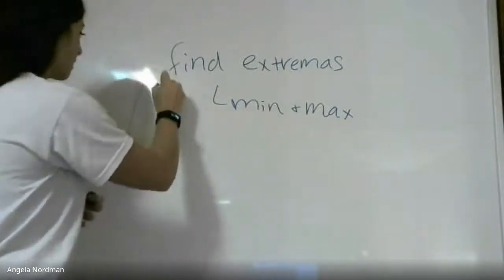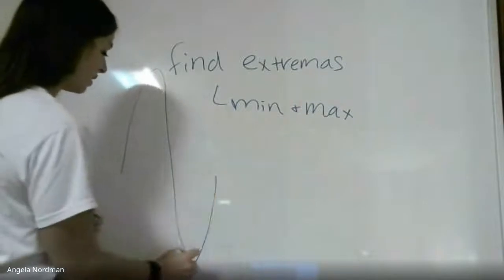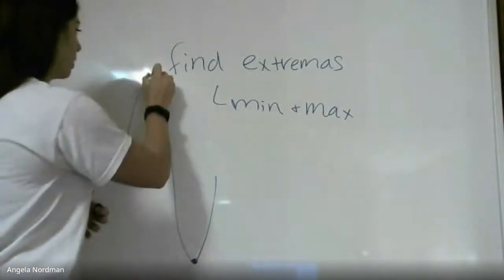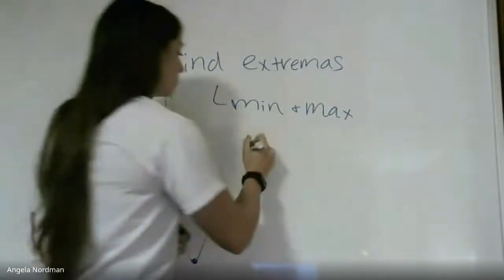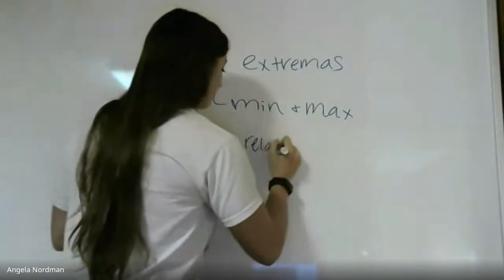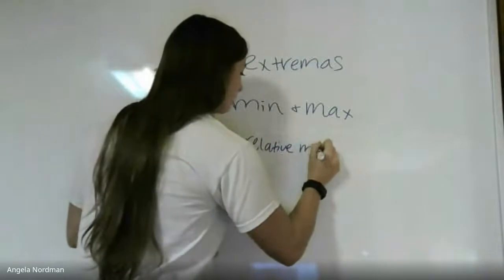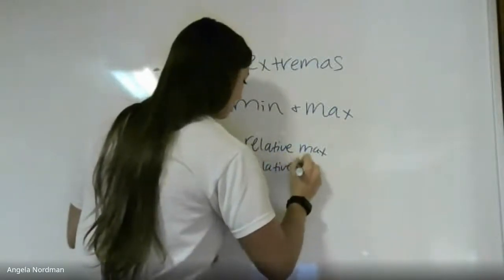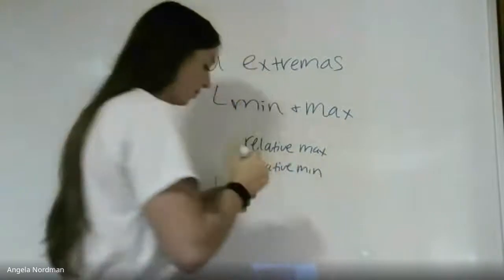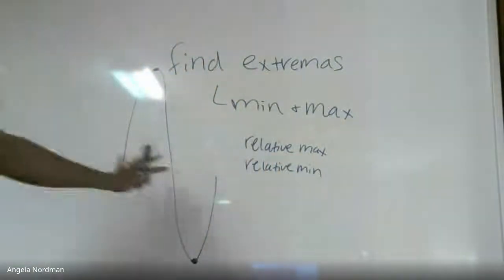Basically, this is a maximum, this is a minimum, right? Way down here is the lowest point, way up here is the highest point. We also find what's called relative maximums and relative minimums.